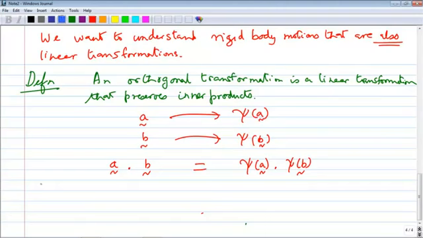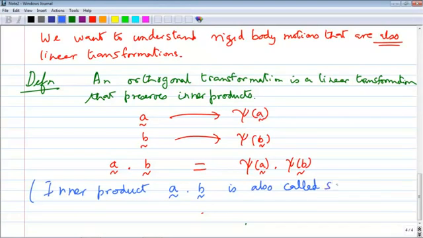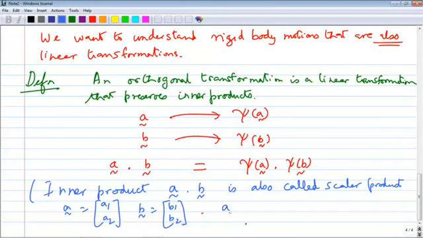And for those of you who've forgotten what I mean by inner product, A dot B is also called scalar product. So if A is A1, A2 and B is B1, B2, and I've expressed them as column vectors, then A dot B equals A1 B1 plus A2 B2.